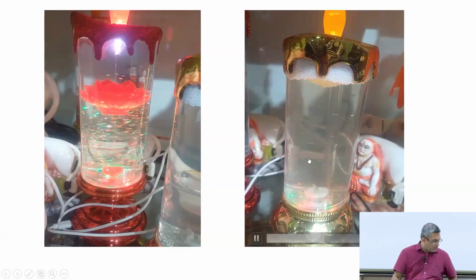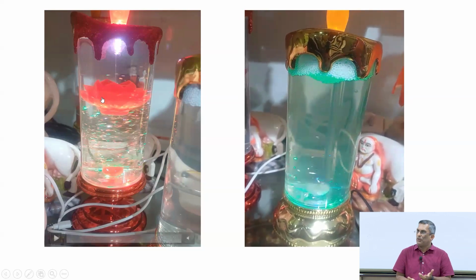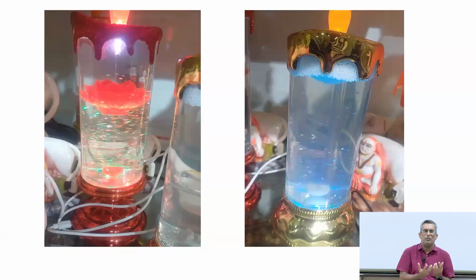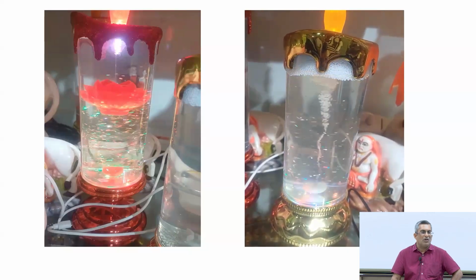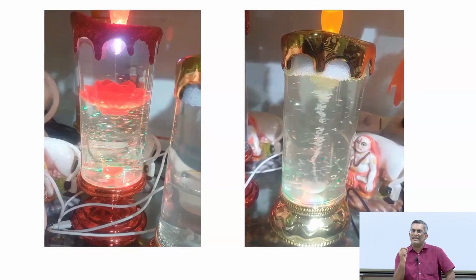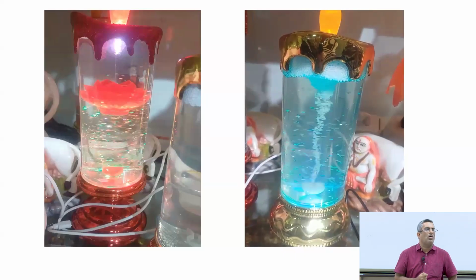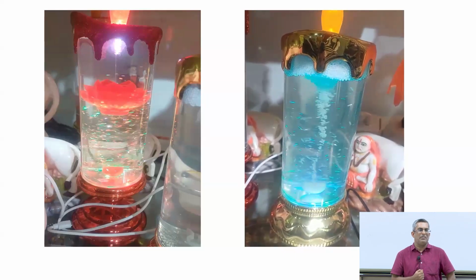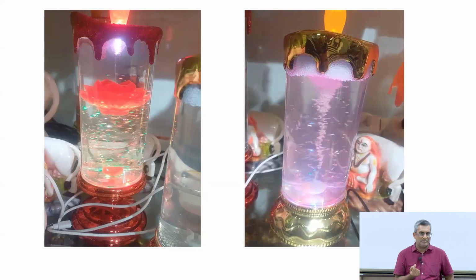Now, from the perspective of multiphase flows, what do we want to understand here? First question, what is the size of the particle? What size of particle would be lifted off? Or put it the other way, what is the maximum size of particle which can be lifted up?